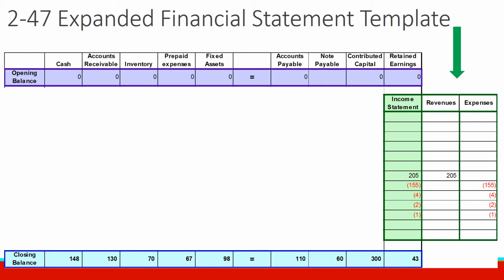You'll see that negative 155 in the expense column also carry over and be depicted in the retained earnings row in the section highlighted in green for the income statement. We will continue to have the closing balance across the bottom as we have had before.